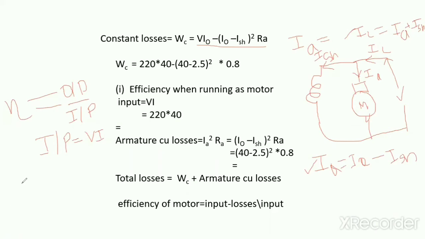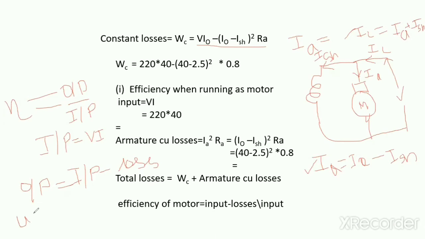What is the output? Output is equal to input minus losses. What losses are there in the case of a DC motor? Constant losses and copper losses.